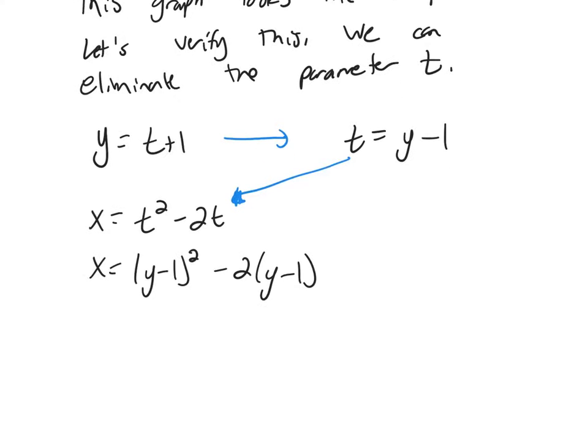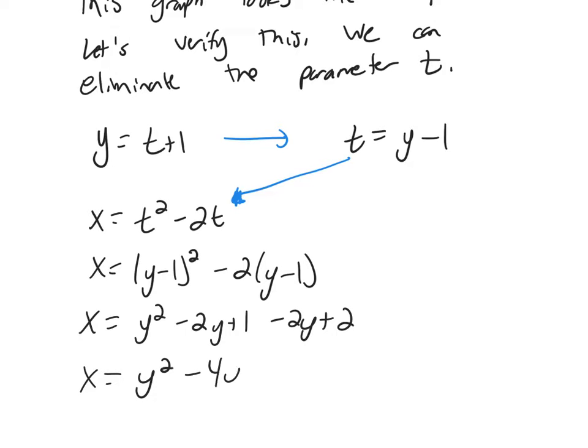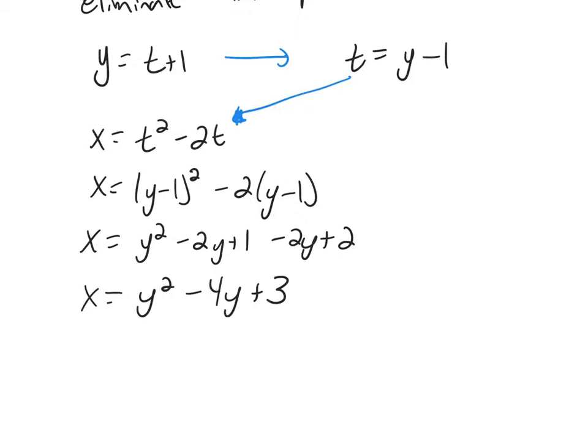And if you multiply all this out, y squared minus 2y plus 1 minus 2y plus 2, you'll get x equals y squared minus 4y plus 3. And this right here, this is the equation of a parabola.